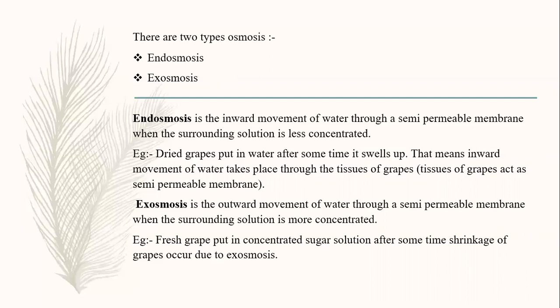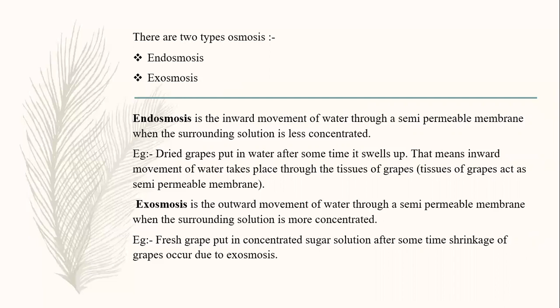If the concentration of the solution is the same as that inside the cell, there is no net movement of water molecules. Two types of osmosis are given: endosmosis and exosmosis.